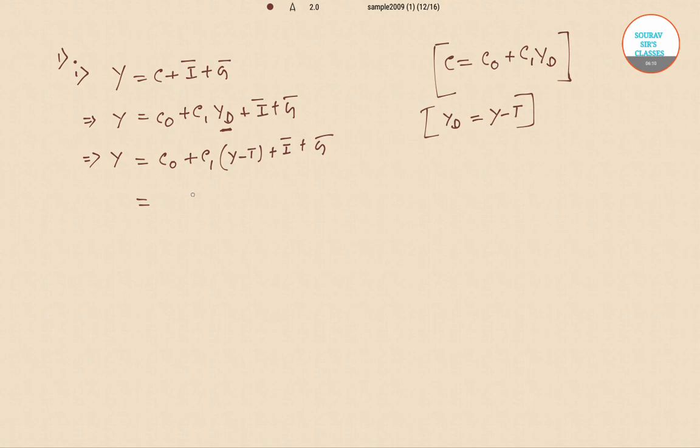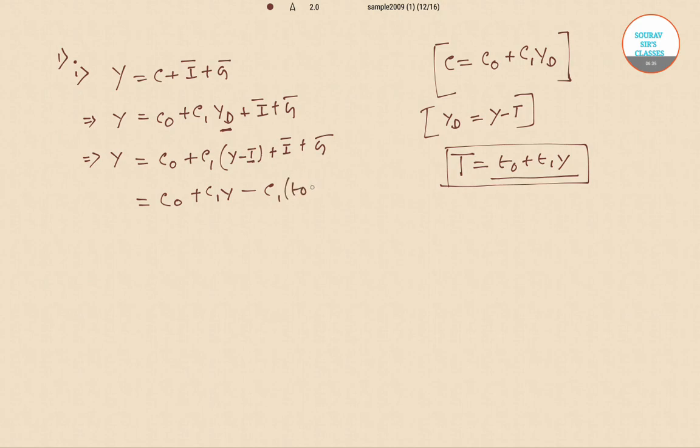Now if you further solve it, we multiply C1 with Y, it becomes C1 Y, and we multiply C1 with T, and instead of T we can put the value of T, which is given as T naught plus T1 Y. So we write T naught plus T1 Y, and we put the other things which are given, I bar and G bar.